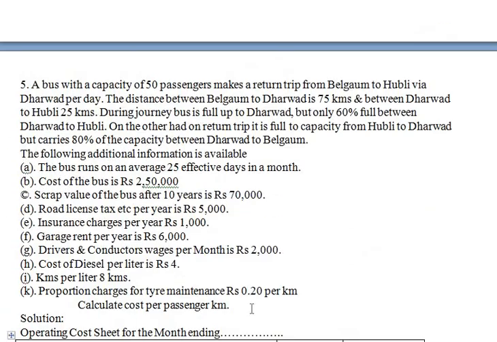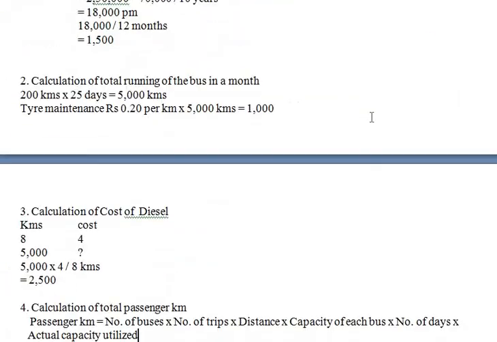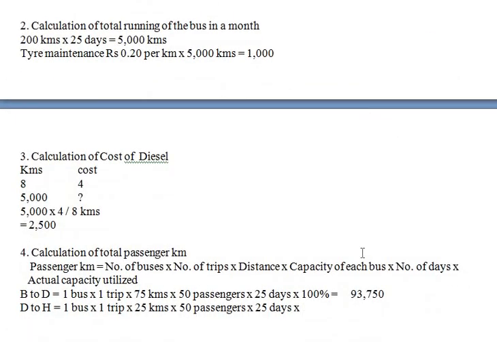It is only 60% full between Dharwad to Hubli, which is equal to 18,750. Hope everybody is understanding.